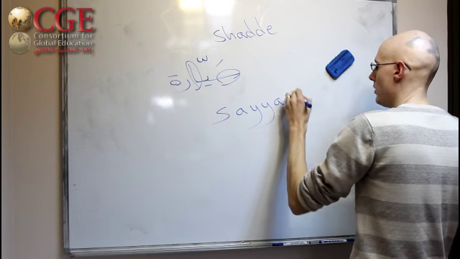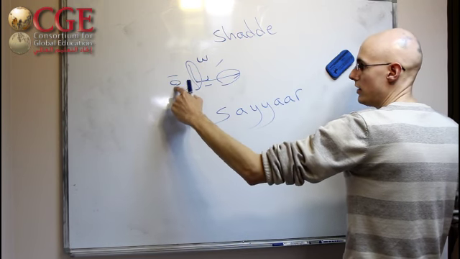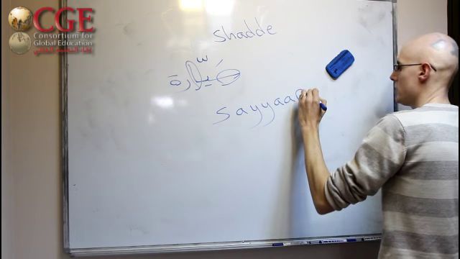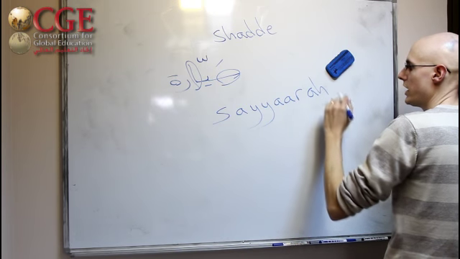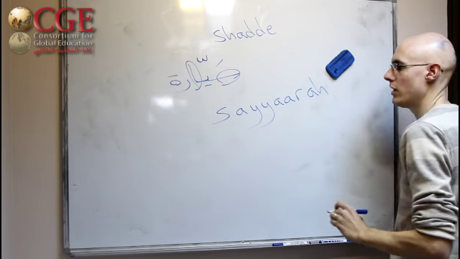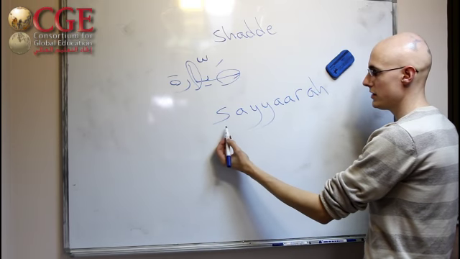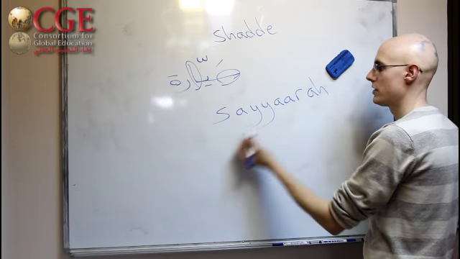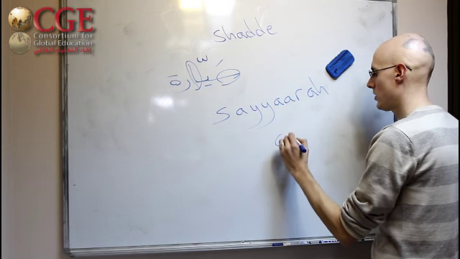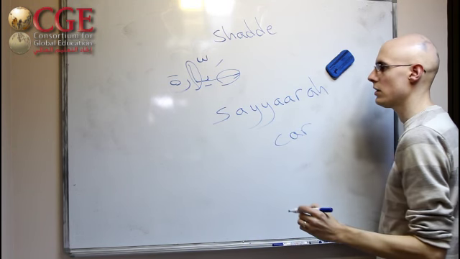Then you have an R with the feminine marker, which is sort of like an AH or an H, essentially just an A-class vowel. So the way you pronounce this is sayyara, and that means car.